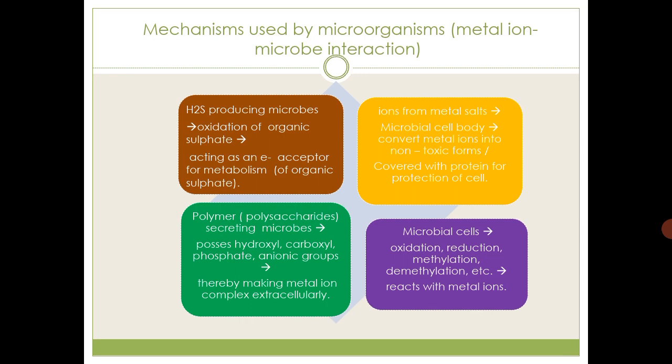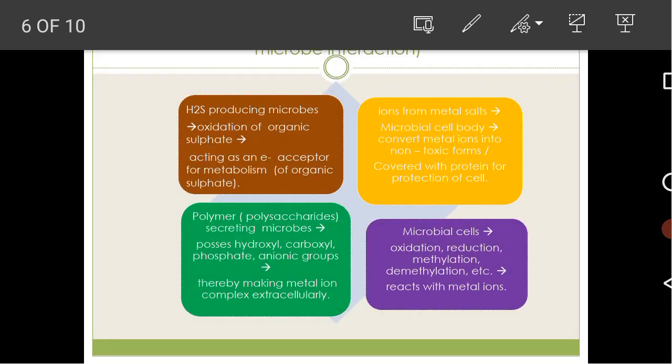They can reduce the metal ion, they can oxidize the metal ion, they can methylate the metal ion, or they can demethylate the metal ions. These are certain mechanisms which can also be used by some microorganisms for their metal ion cell interaction. So these are the four main mechanisms used by microorganisms for synthesizing nanoparticles.